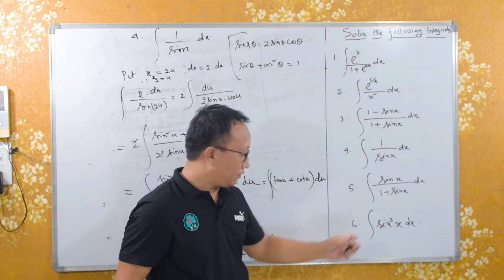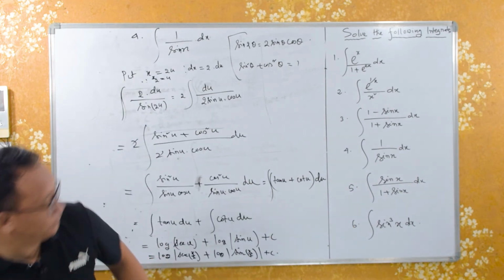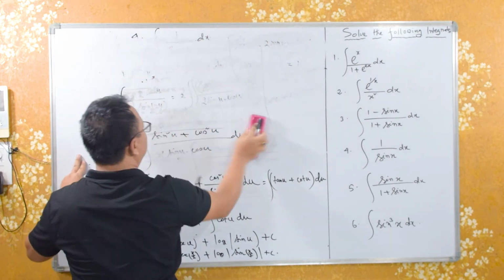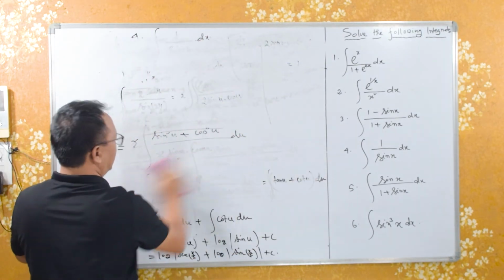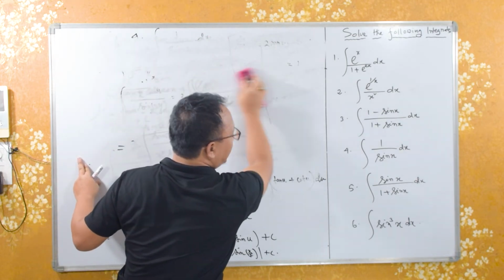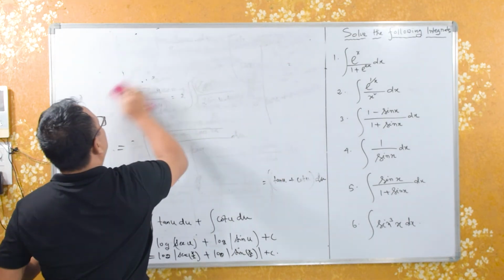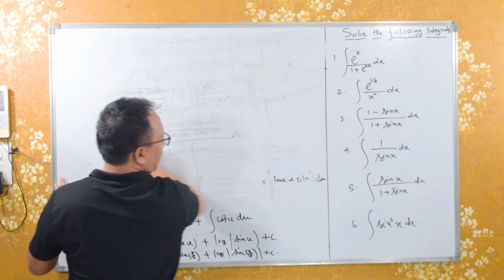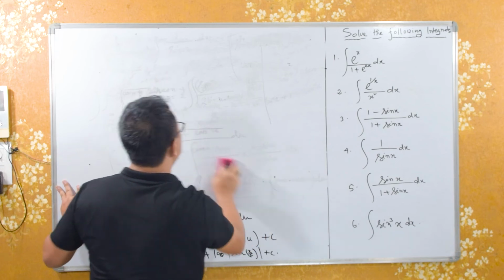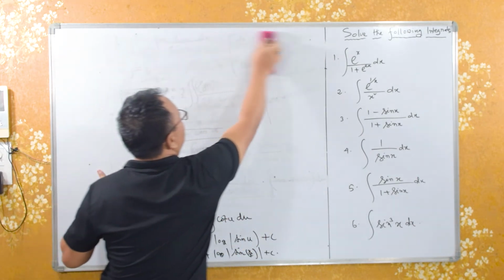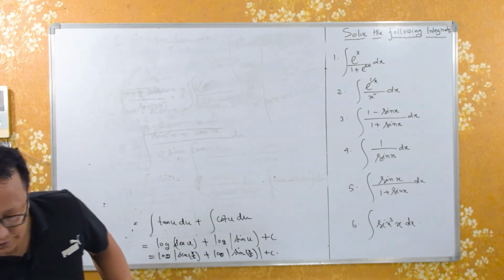Now let's try to solve question number 6. We have sine cube x. Sine cube x, we can use either the sine 3 theta formula, you can bring sine cube theta.